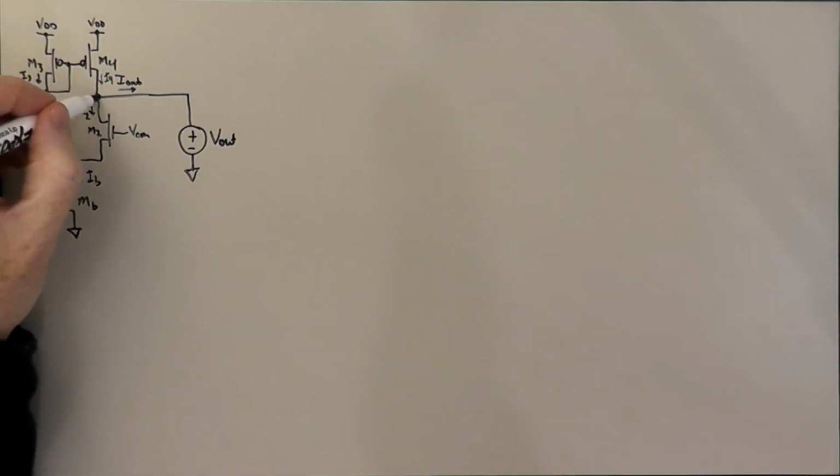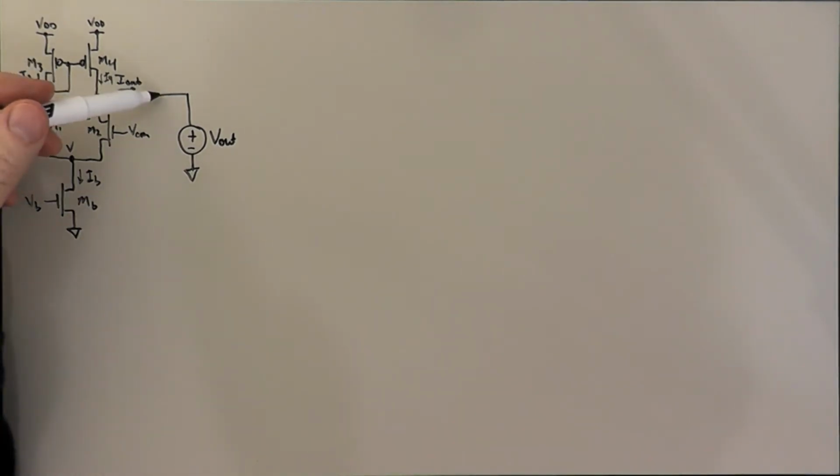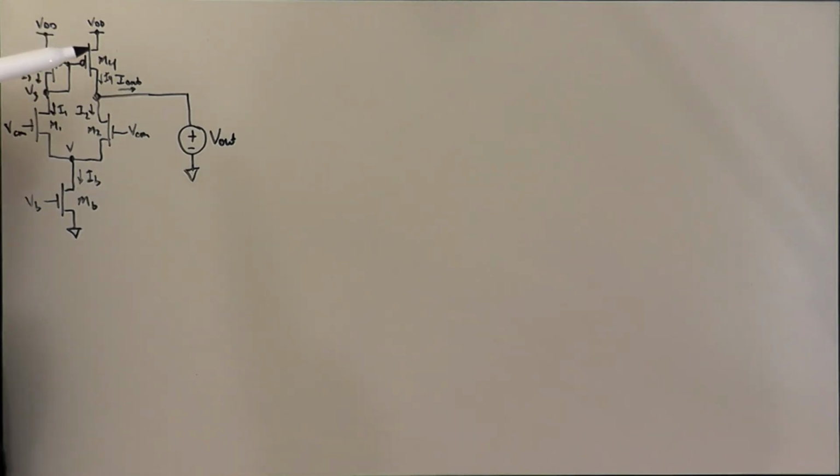We would have the current mirror mirroring IB over 2 from the I1 side over to the I2 side here, and dumping that IB over 2 on top of the IB over 2 here, leaving I out equal to 0. And if we were to let go, the output would not move, because there's no output current to charge or discharge the output capacitance.